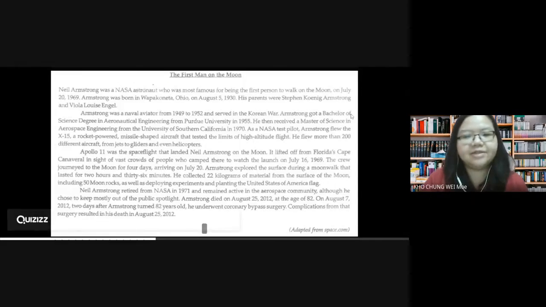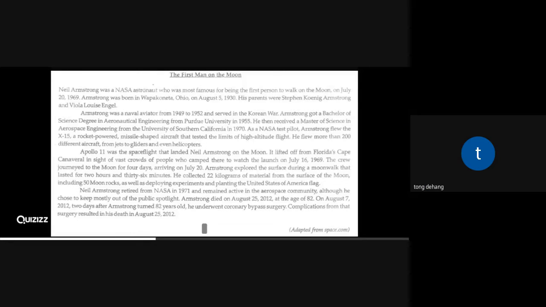You can start. Neil Armstrong was a NASA astronaut who was most famous for being the first person to walk on the moon on July 20, 1969. Armstrong was born in Wapakoneta, Ohio on August 5, 1930. His parents were Stephen Koenig Armstrong and Viola Louise Engel.